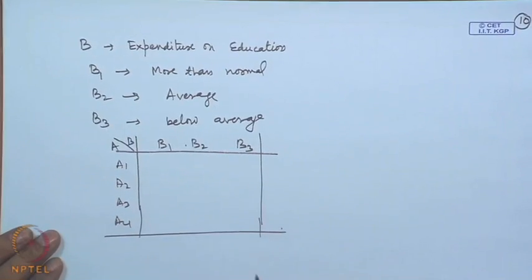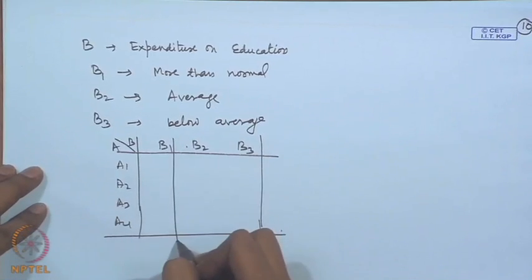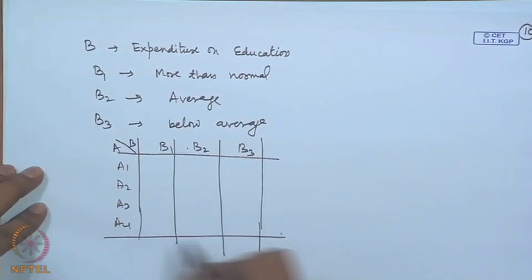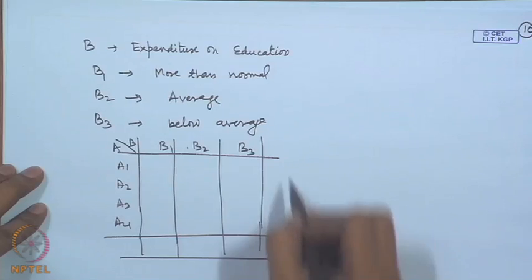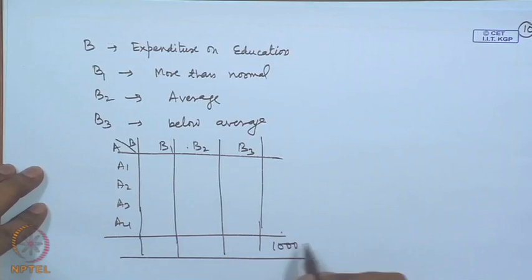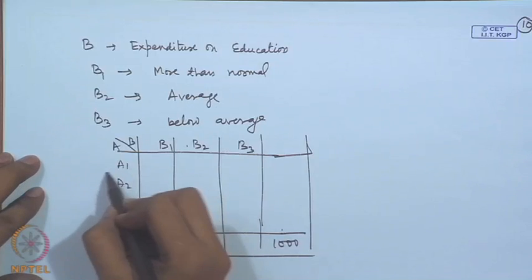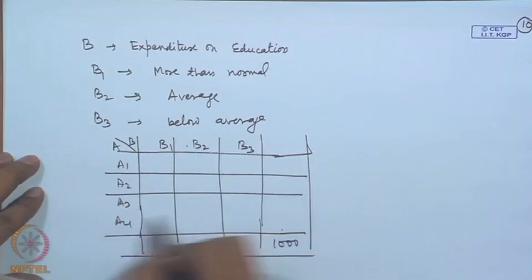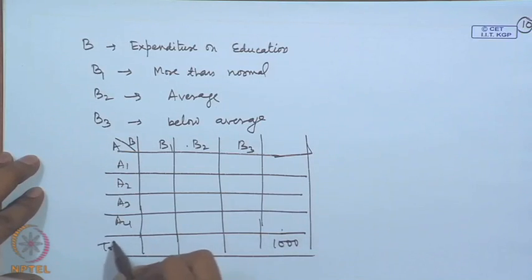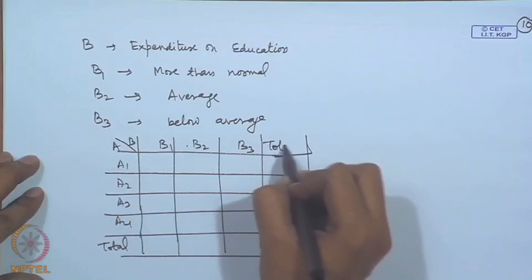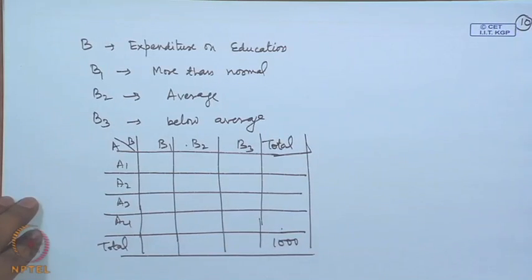I consider a random sample of say 1000 individuals. Out of the 1000 individuals, how many fall into each category? So, there are 12 classes here.